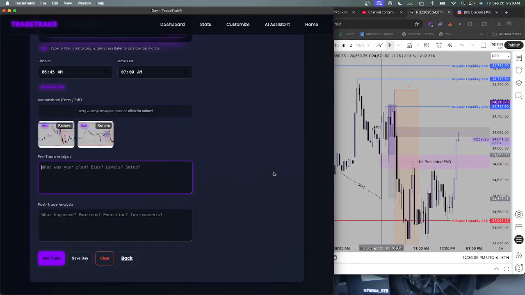Pre-trade analysis was bullish to previous day session highs. Market open, we dropped, creating SMT with ES being the leading. 5-minute market structure shift plus 1 minute presented fair value gap inverse, targeting internal highs.